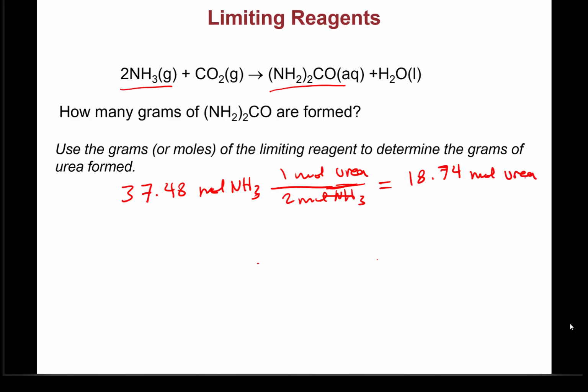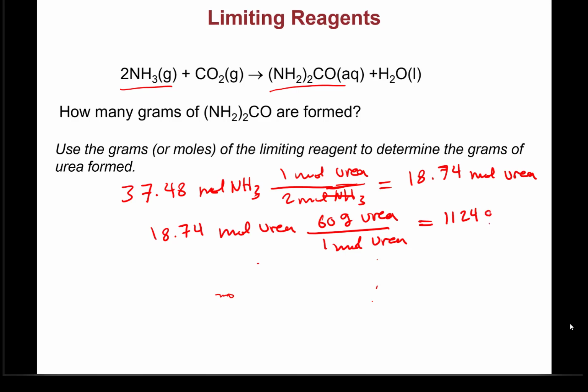Then we convert moles urea to grams urea using the molar mass. So 18.74 moles urea times 1 mole of urea weighs 60 grams. That is going to give us 1124 grams of urea that will form.